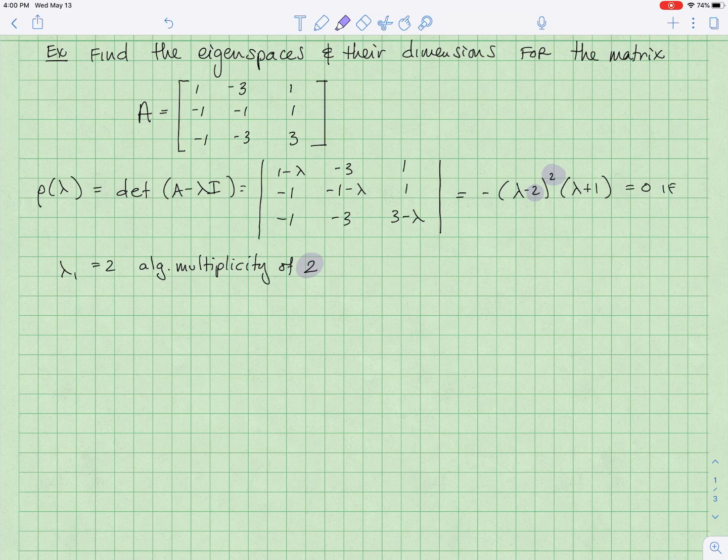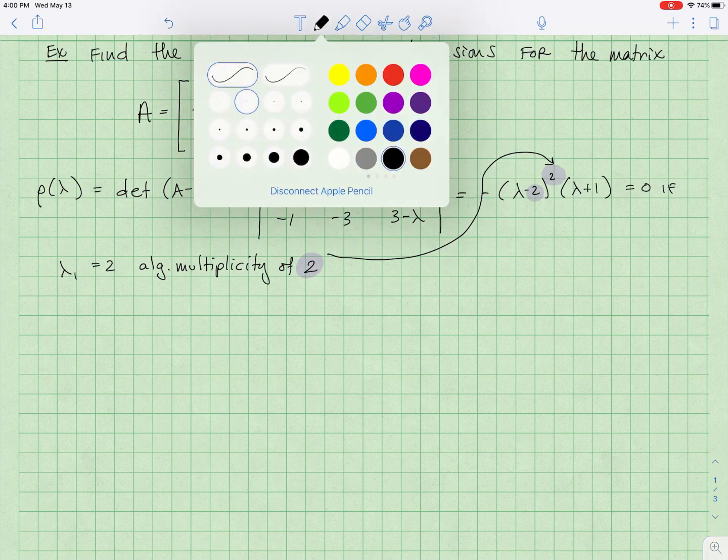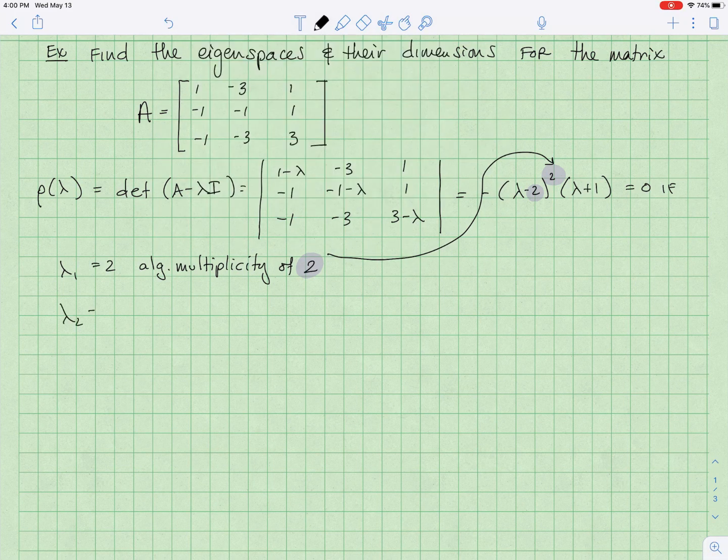So this square corresponds to the algebraic multiplicity. And then the other value is lambda 2, which we're going to call negative 1 here, and that has an algebraic multiplicity of 1. So again, that's the power on that factor.